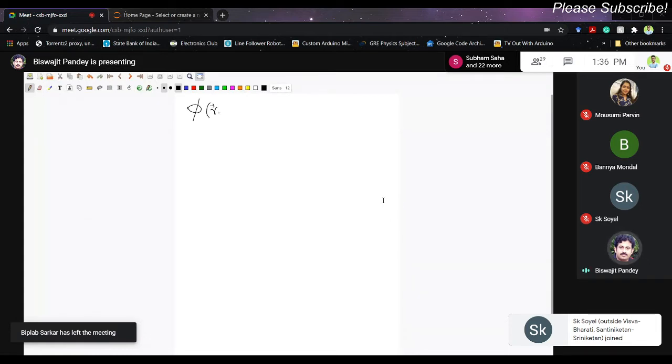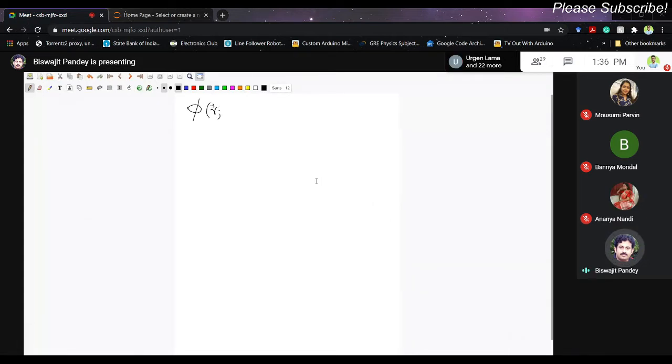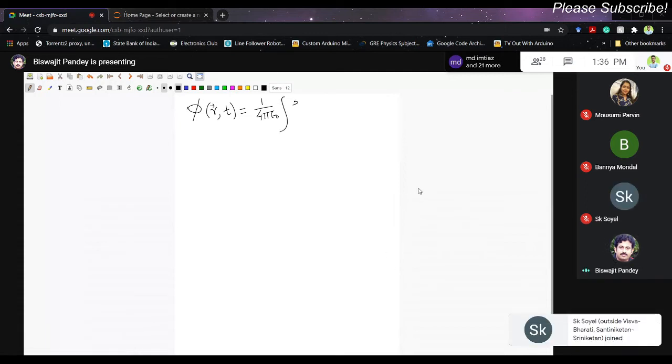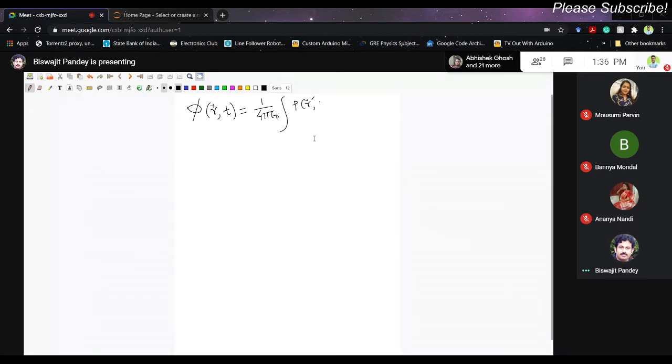This gives us the scalar potential at a location r at some present time t, and we have to integrate over the source, the time dependent charge density at location r prime, the source point, at the retarded time tr, which is t minus curly r by c, divided by curly r, which is r minus r prime, with volume element dv prime.